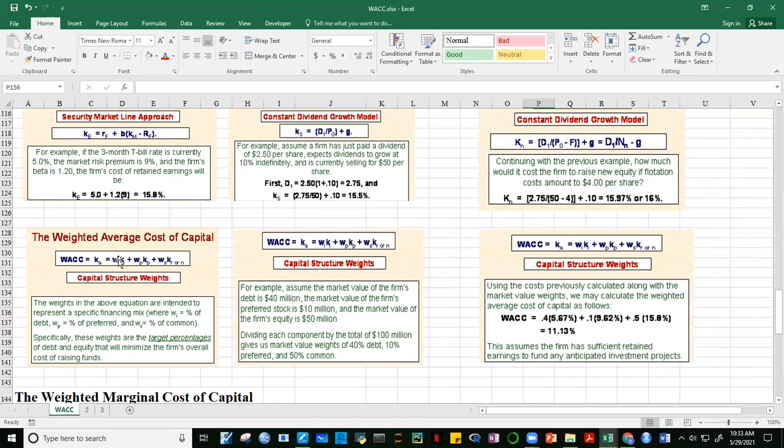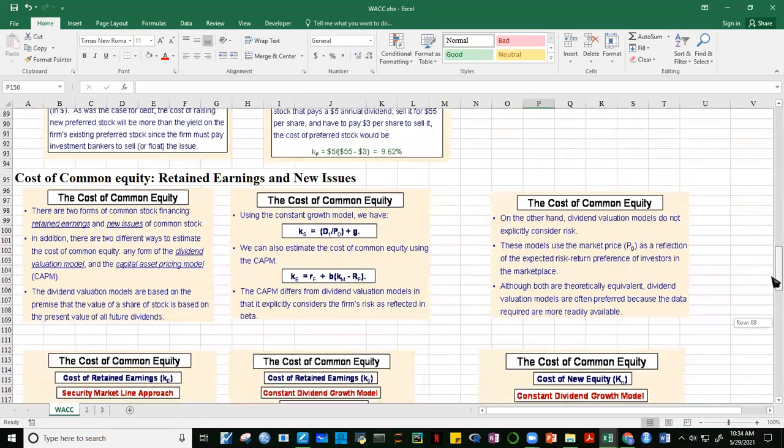So the formula here is that the weighted average cost of capital is equal to the weight of each of the financing na ginamit. So kunyari weight of debt times cost of debt. Pero kung debt to, dapat may 1 minus tax to, no? Okay, so let's have an example here.